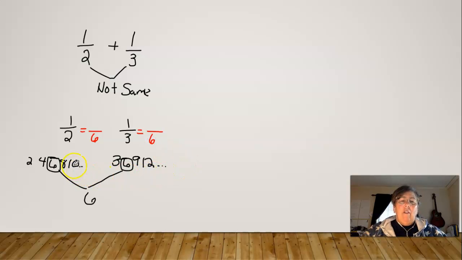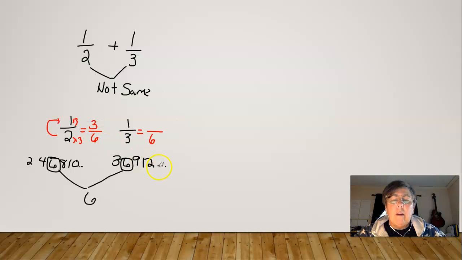Now you have to say in your head, 2 times what gives us 6? 2 times 3 gives us 6. Whatever we do to the bottom, we do to the top. So the top we're going to say times 3, and now we have 1 times 3, which is 3.